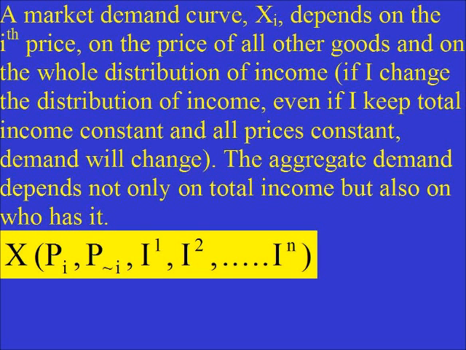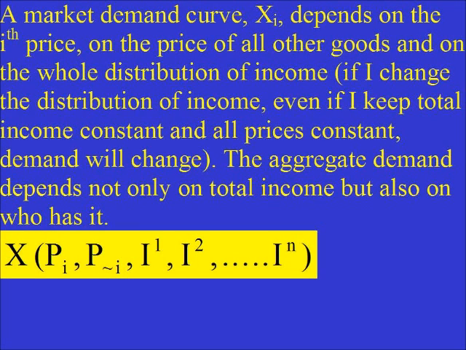One of the interesting things about demand curves is if I have a market demand curve, let's call it xi, that depends on the ith price, the price of all of the goods in the market, and on the whole distribution of income. Now if I change the distribution of income, even if I keep total income constant, all the prices constant, demand's still going to change.